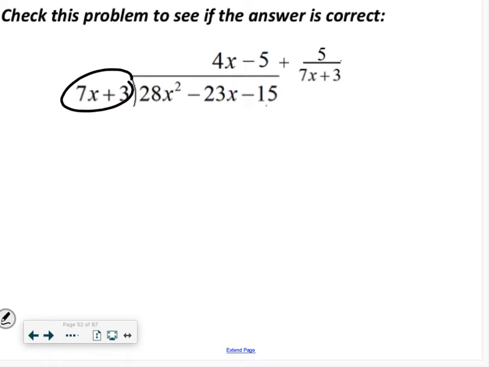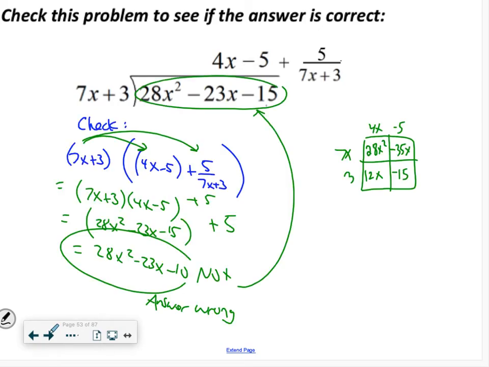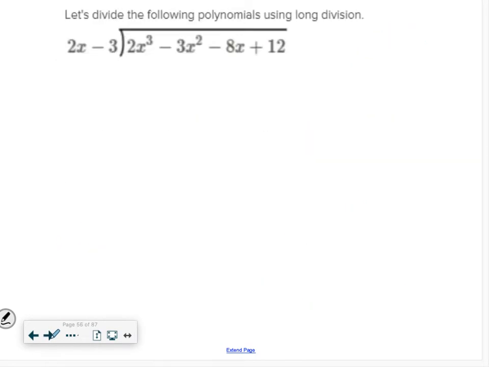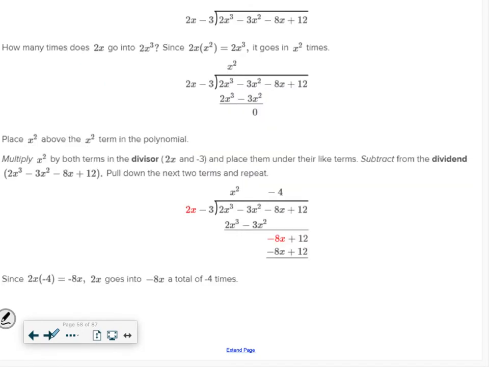This one can actually be done synthetically, but there's an extra kind of thing to adjust. So I'm just going to say, if it's not in the form x plus a number or x minus a number, use long division.